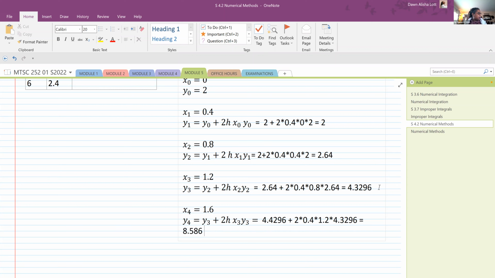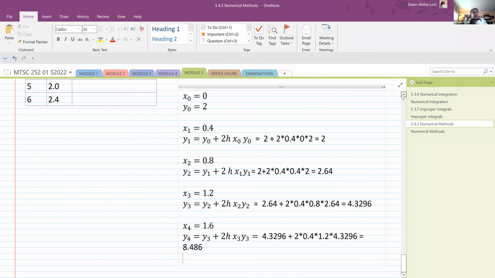So I get 8.4, whoa, not what I got before. 8.586. Did I do everything right? Oh no, this is wrong. I'm getting ready to say I got a different answer last time. That's what I got last time I did this problem. 8.486.